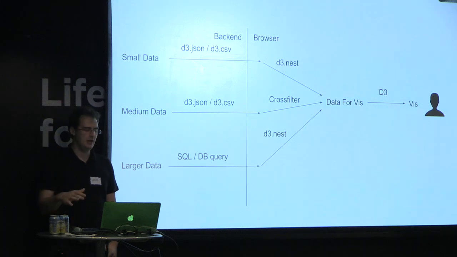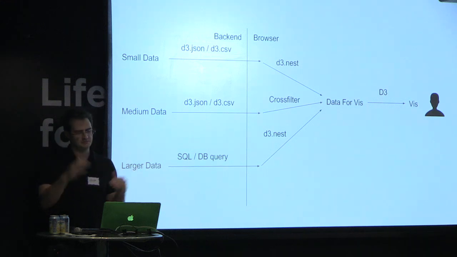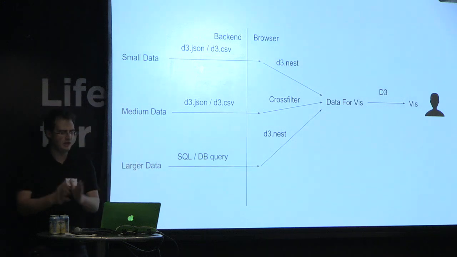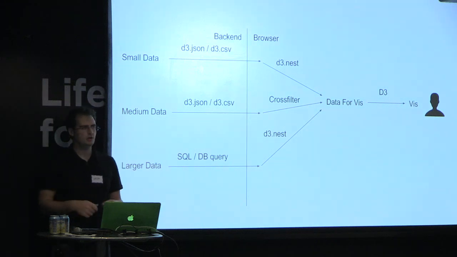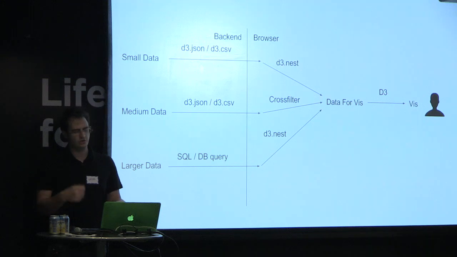In the medium data case, the medium data is this middle ground. To me, it's when you can load the data into the browser. But if you actually want to do something useful with it, you're probably not going to write your own JavaScript here and there. Or maybe you will, because you're awesome. But you probably won't use d3.nest.